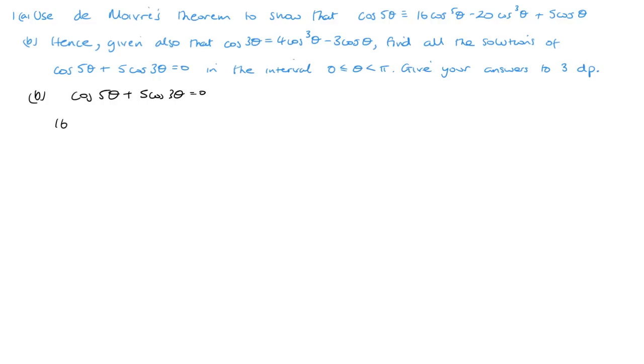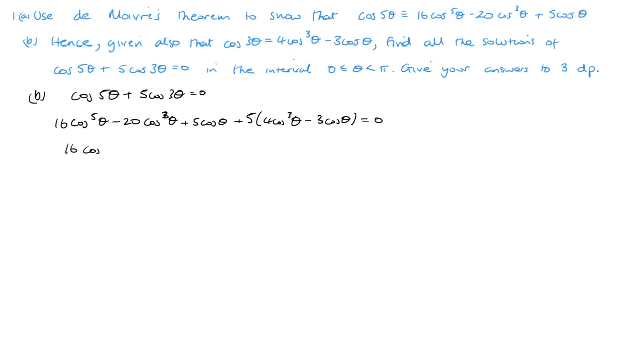So cos 5 theta is 16 cos to the power 5 theta minus 20 cos cubed theta plus 5 cos theta, plus, now this is 5 times 4 cos cubed theta minus 3 cos theta, and this equals 0.